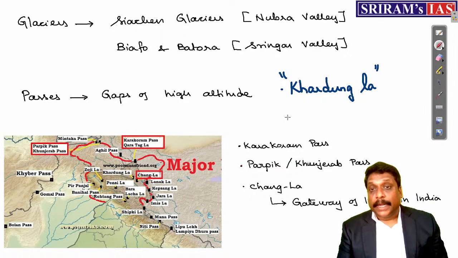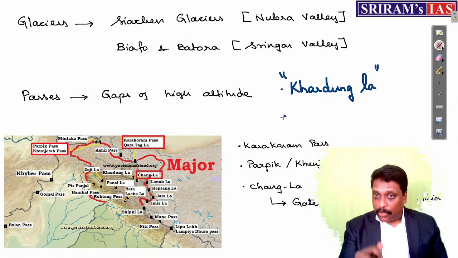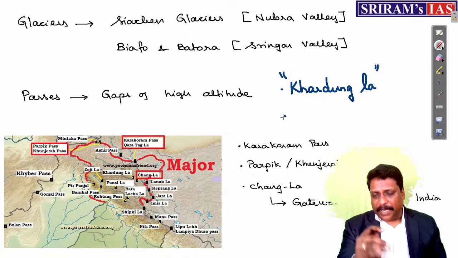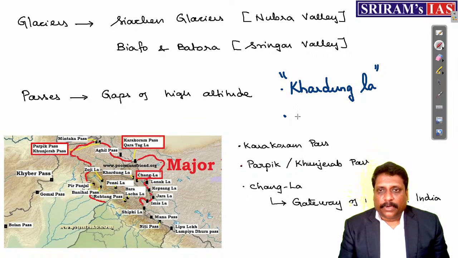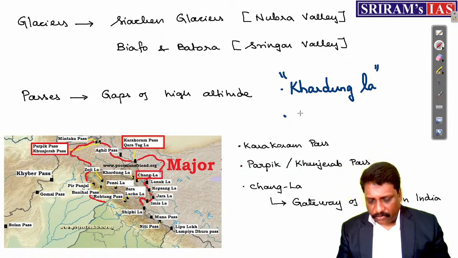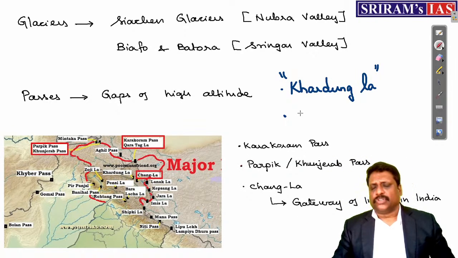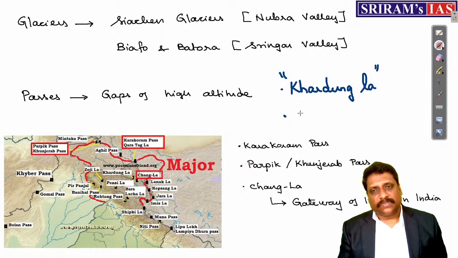One is Kardungla. Number two, my dear friends, today if you want to reach a place in the world by road, this is the place where the highest motorable road passes through. If you're, for example, a long distance driver with a cruiser engine, reaching this spot is like reaching Mount Everest for others.